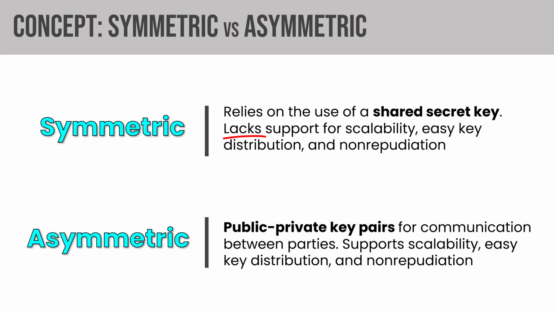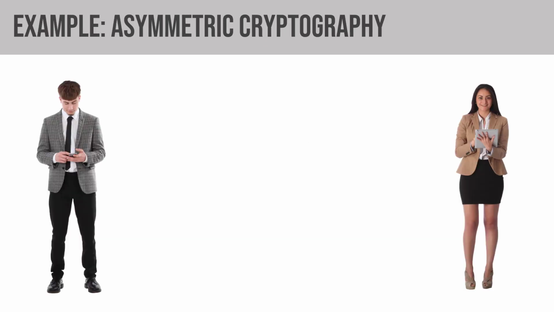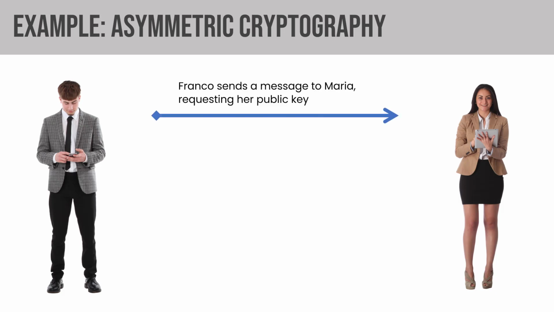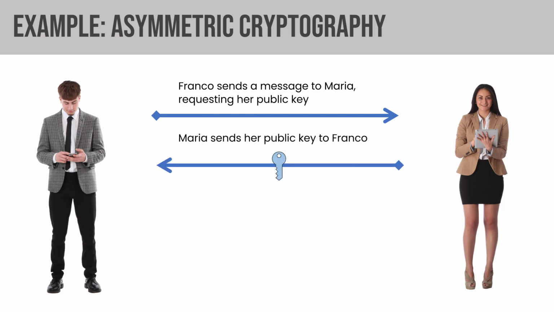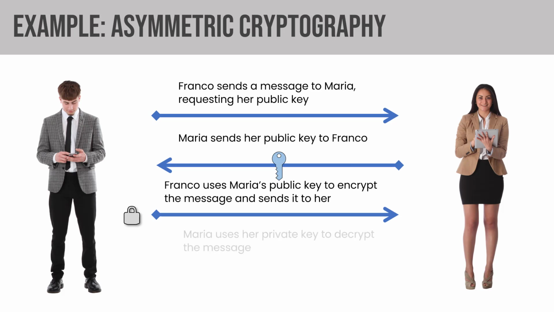Now I want to take you through an example with asymmetric cryptography. In asymmetric, each party has their own public key and their own private key. In this case, Franco sends a message to Maria requesting her public key. Maria sends her public key to Franco. Franco uses Maria's public key to encrypt the message and sends it to her. Maria uses her private key to decrypt the message.